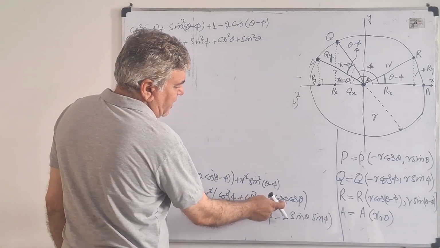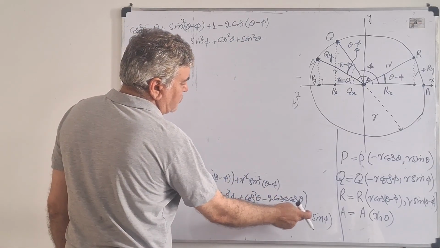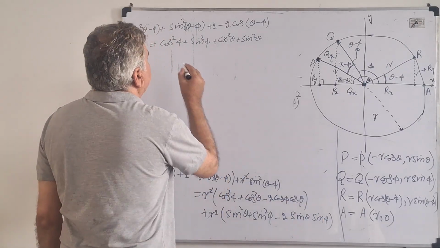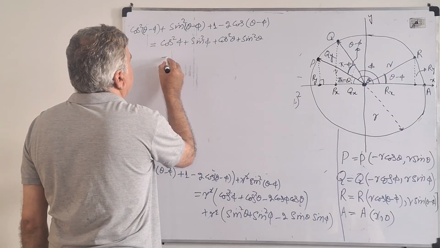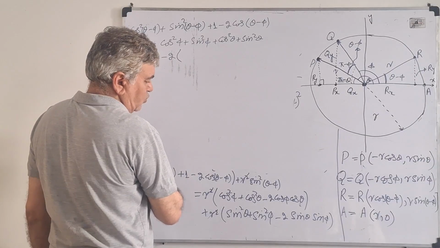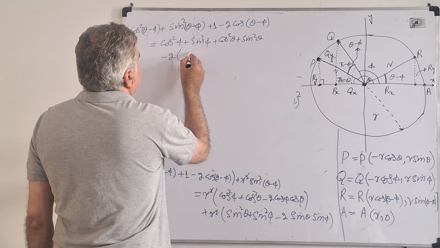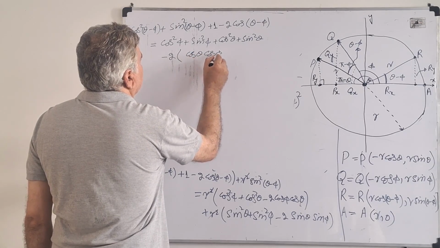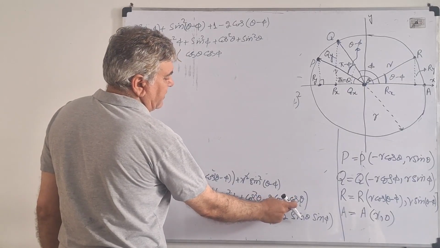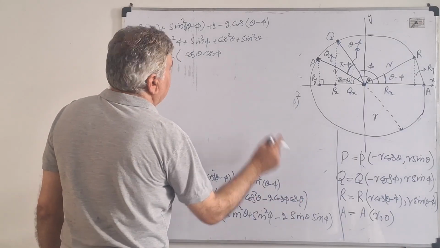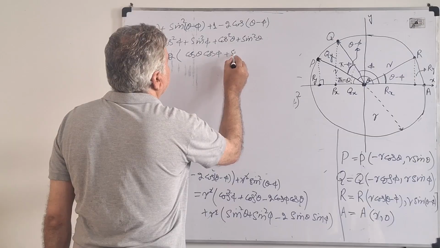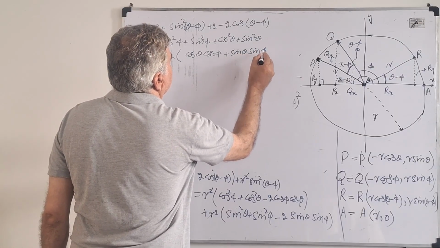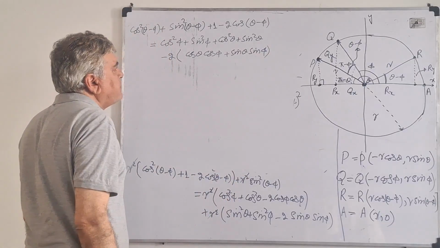Then minus 2 cos phi cos theta minus 2 sine theta sine phi. So I can write that together like this, minus 2 into cos theta cos phi, I'm writing this first cos theta, and then plus sine theta sine phi.